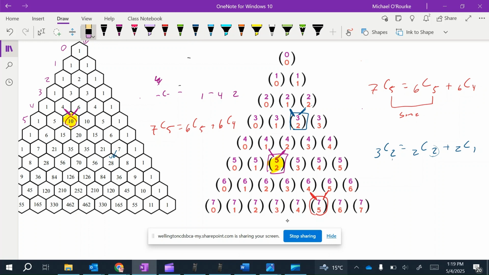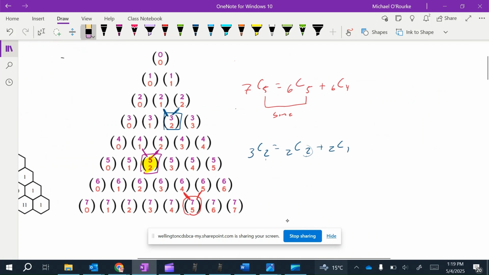The other cool thing is, remember how I said it's symmetrical? Okay? Let's do a couple of these questions first. If I were to ask you, what is equal to 6C2? What two things are equal to 6C2? Well, we go up a row, which would be 5.